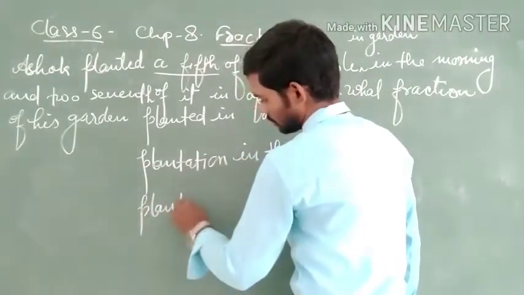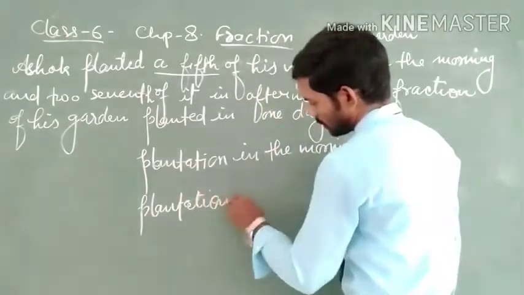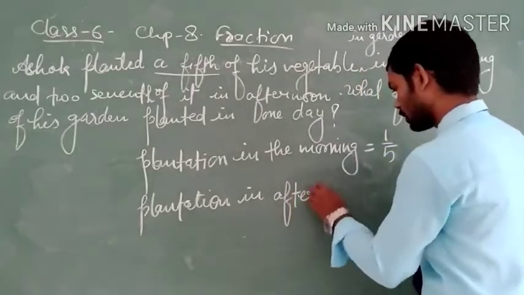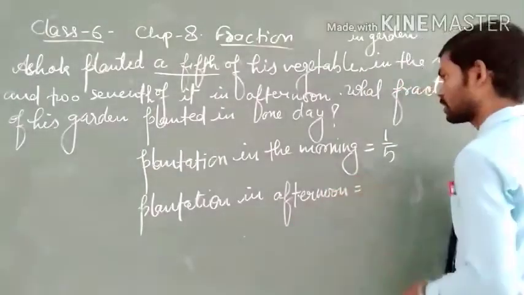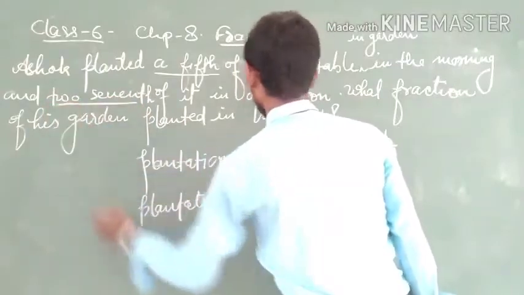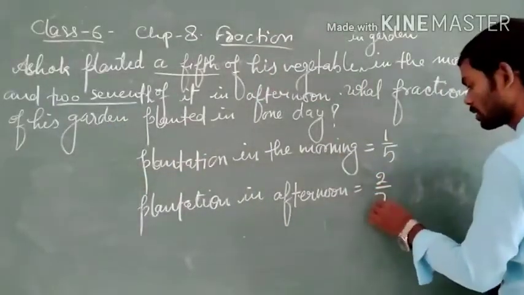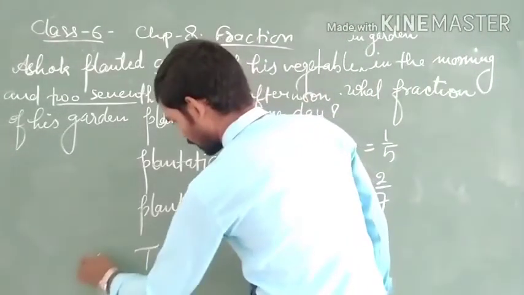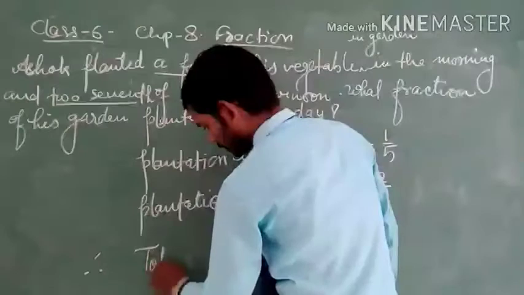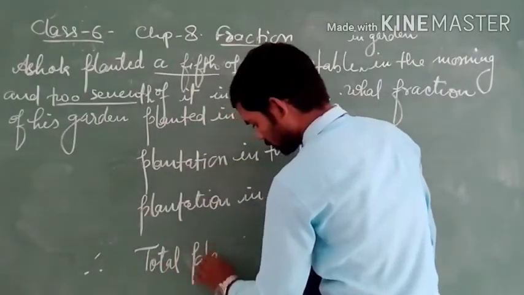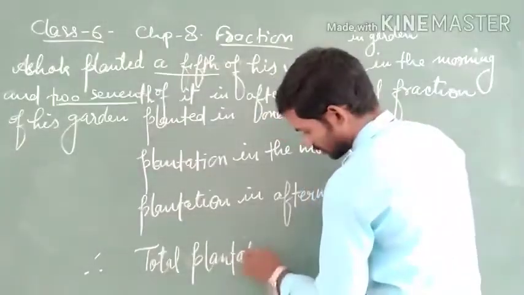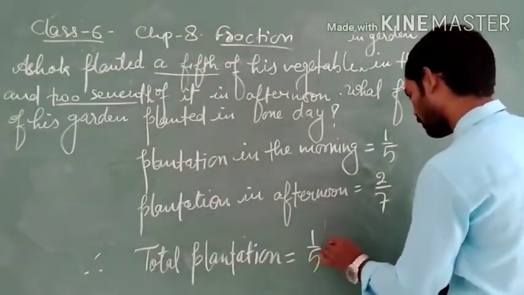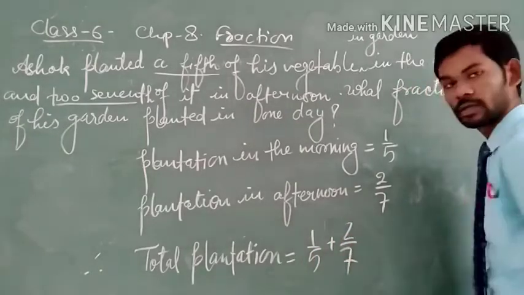Plantation in the afternoon is 2/7, which means 2 upon 7. Then we have to find total plantation. Therefore, total plantation will be equal to 1 upon 5 plus 2 upon 7.